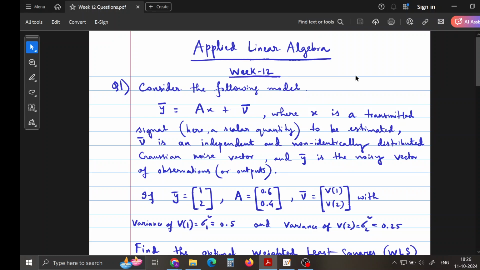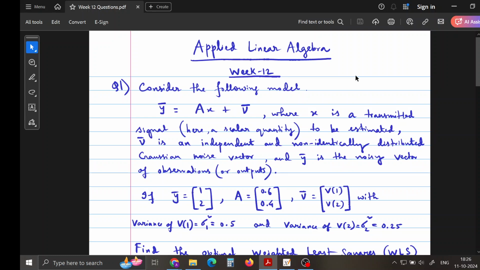Now what are these y, A, x and v? x is your transmitted signal, maybe some classical bit that you want to estimate. Here in this case x is a scalar quantity. It's not a vector, it's just a scalar that has to be estimated.